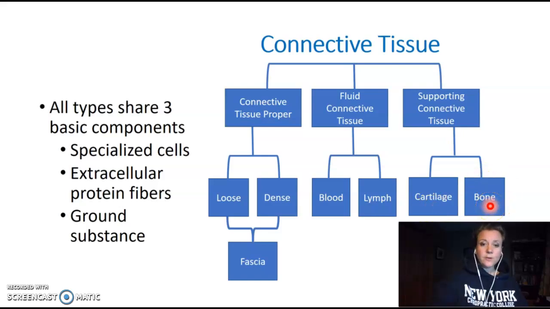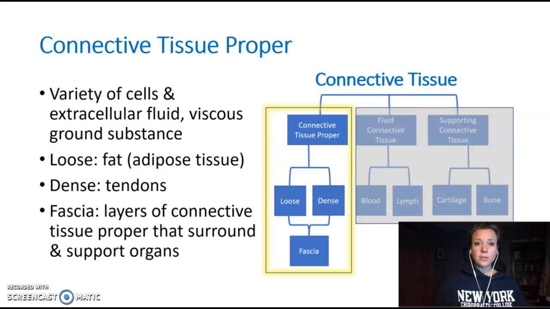So we are first going to talk about connective tissue proper. So we're going to talk about loose and dense connective tissue and fascia. Connective tissue proper is going to have a variety of cells, different types of extracellular fluid, and they're all going to have this viscous ground substance, which means that it's going to be a little bit more syrupy, thicker than water.